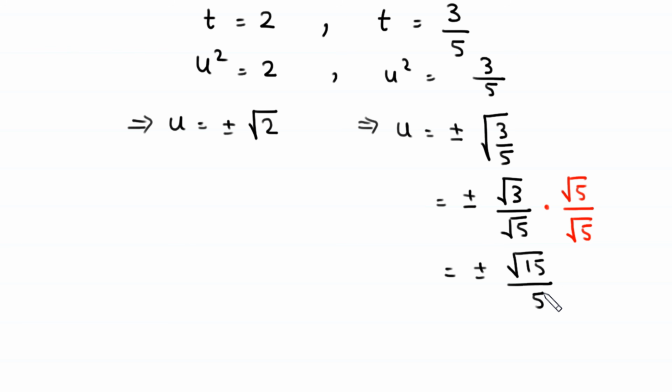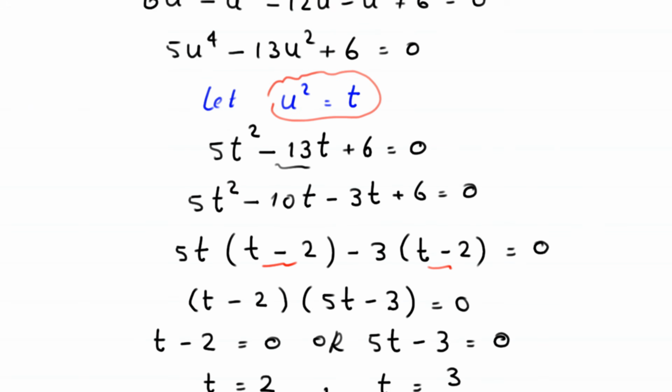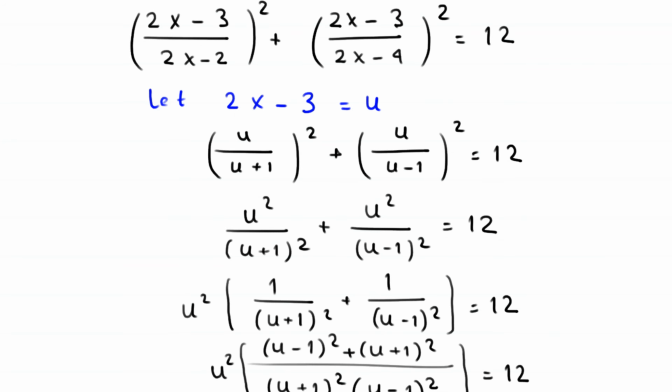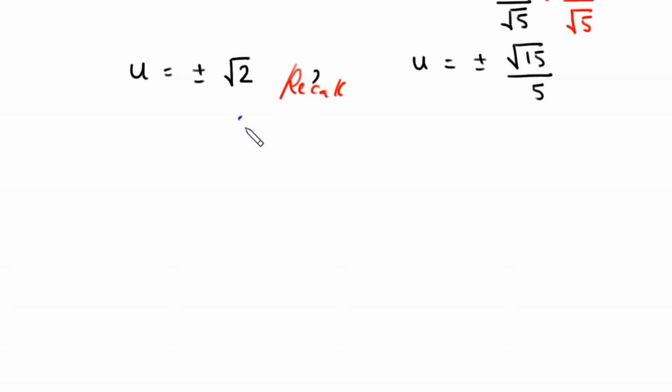So we have 4 values of u. u is equal to plus minus root 15 over 5, and u is equal to plus minus root 2. Now recall that we have supposed that 2x minus 3 equal to u.